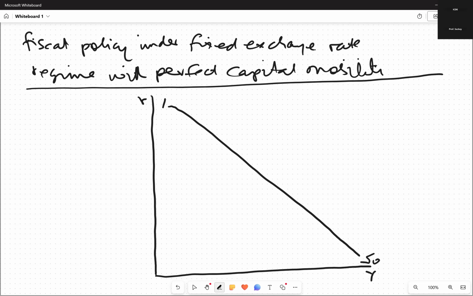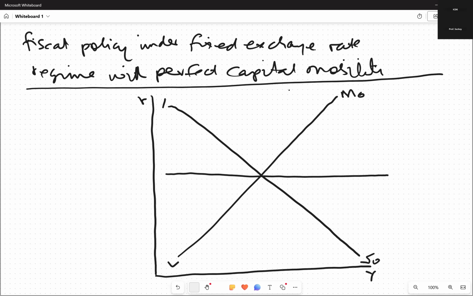This is our LM curve, call it LM0. I told you perfect capital mobility, so the BP curve is horizontal. Call it BP0. So there's general equilibrium at this point. Call it E0, the general equilibrium.